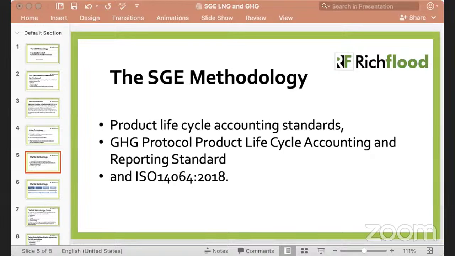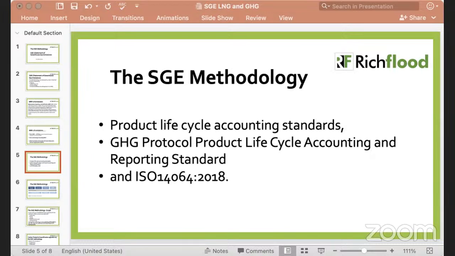And from my study of the same report, it is designed with reference to current available product lifecycle accounting standards, and principally the GHG Protocol Product Life Cycle Accounting and Reporting Standard, and the ISO 14064:2018 standard.